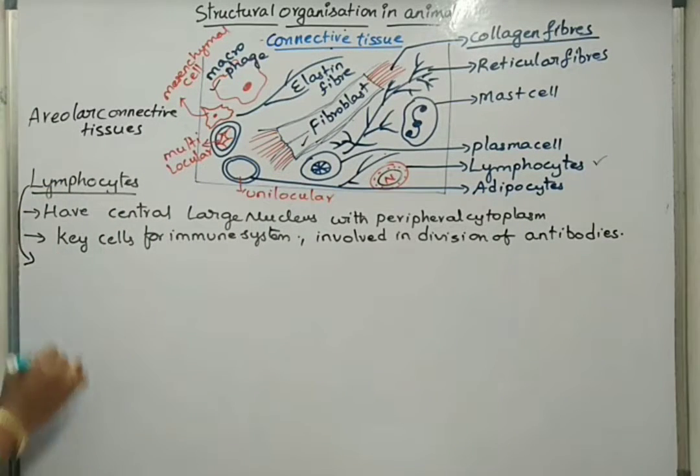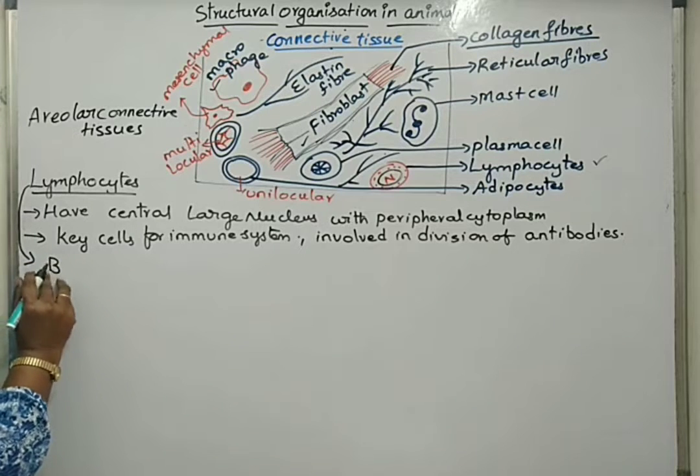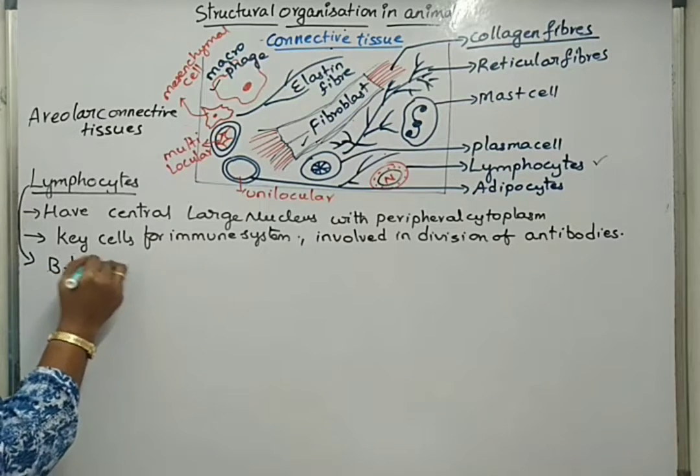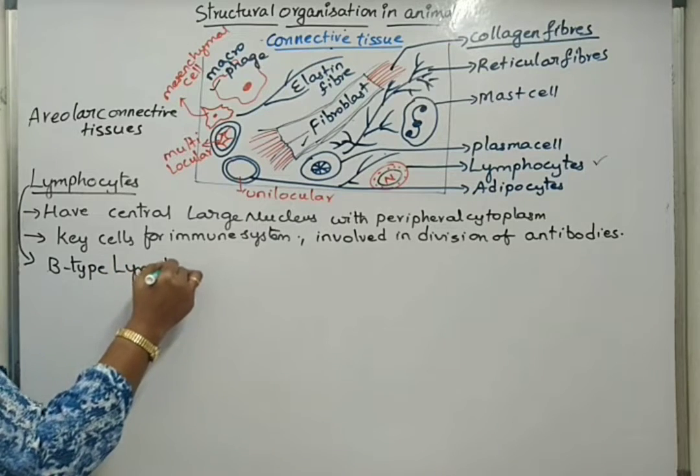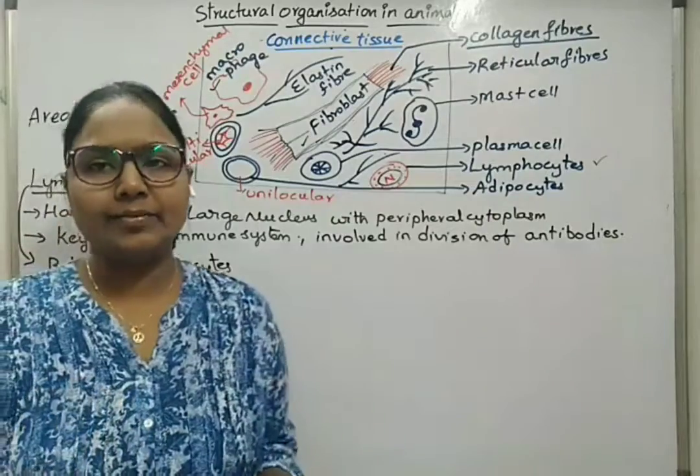There are different types of lymphocytes, but there are two types, B lymphocytes and T lymphocytes.